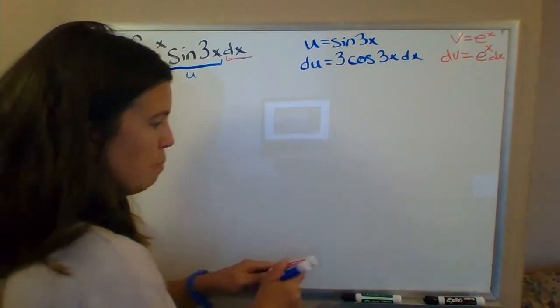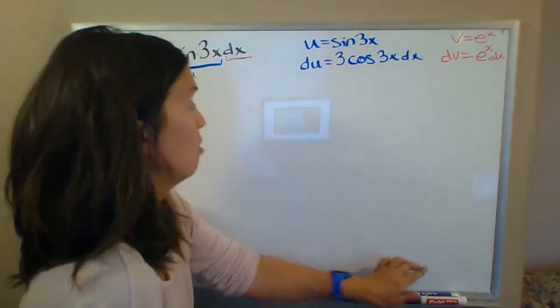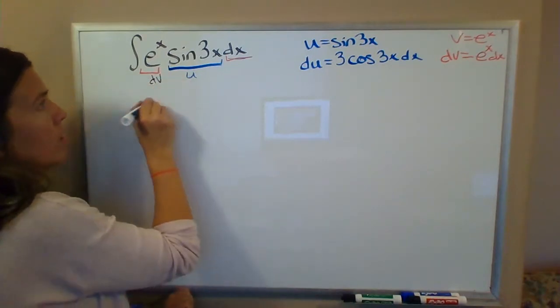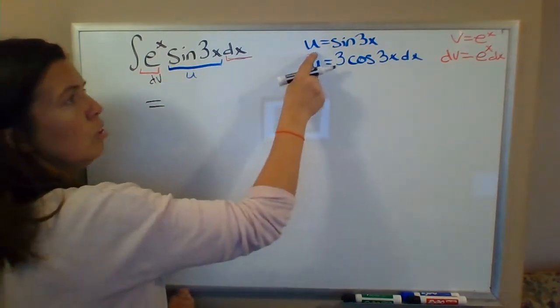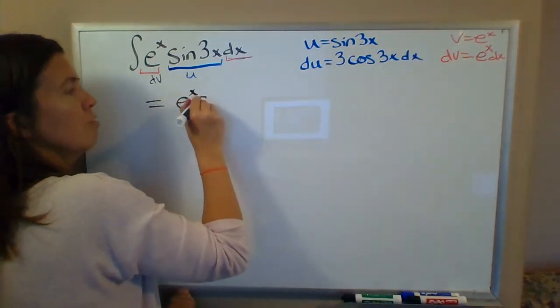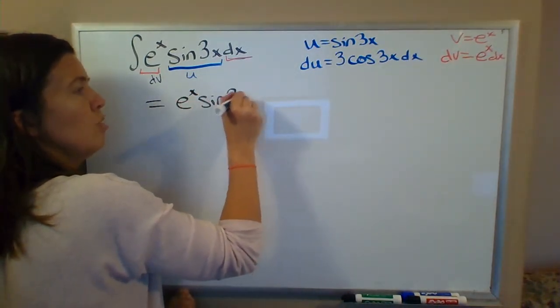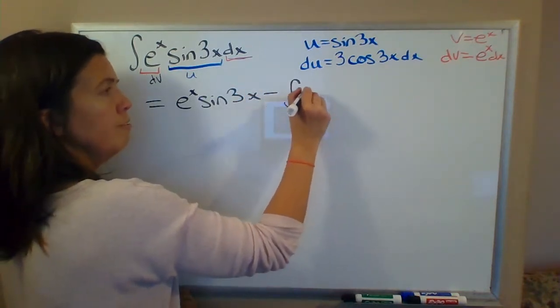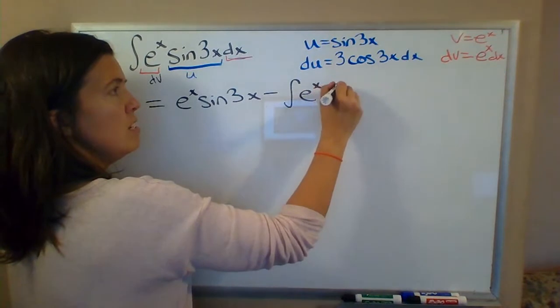Now, we apply that formula with integration by parts. So, oops, I didn't label this. This is dv. So this is equal to u times v, which I'm going to write the e to the x in front. So here's our u times v, minus the integral of v times du.